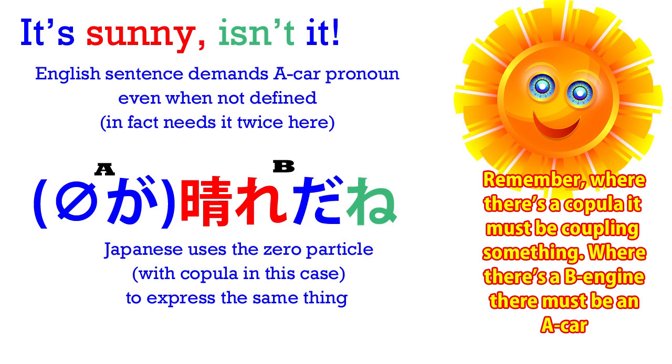When we say, if I had brought an umbrella, it would have been good, or it is sunny, we can't do without it. We can't do without it in Japanese, and we can't do without it in English, because in both Japanese and English, we have to have an A car and a B engine, a subject and a predicate, a shugo and a jutsugo.